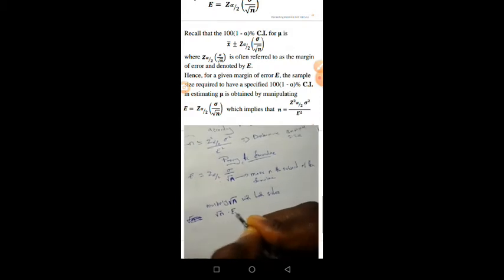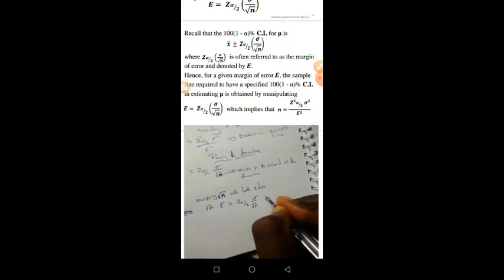That will be square root n times e equals, the e here we multiply both sides by, then the square root n on the right cancels each other. You see, it cancels each other.